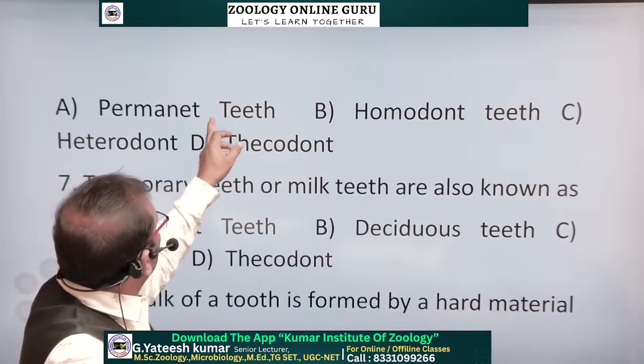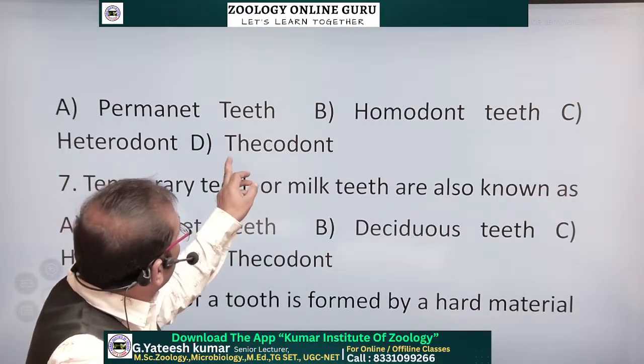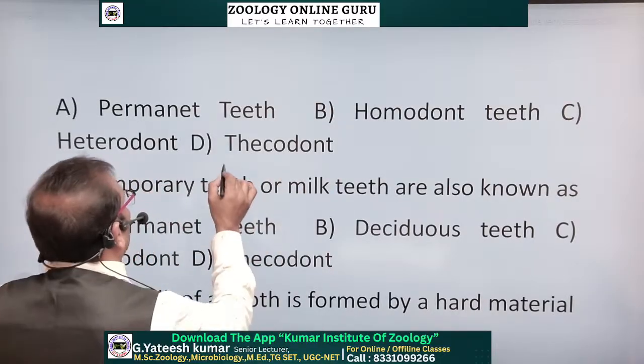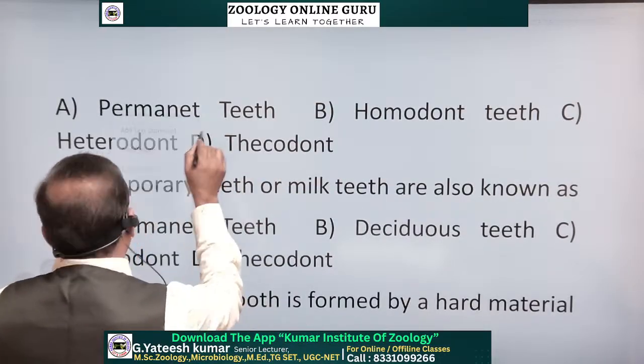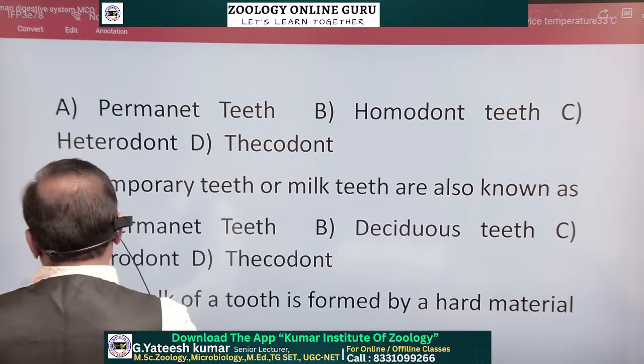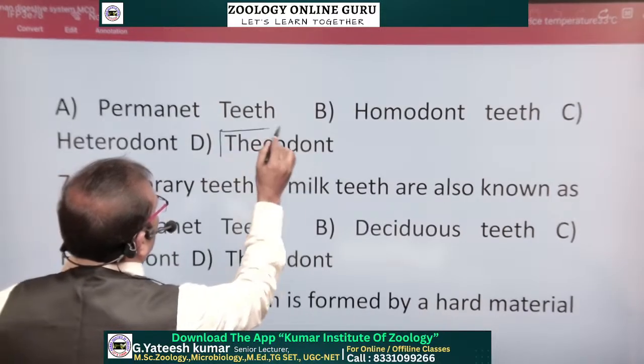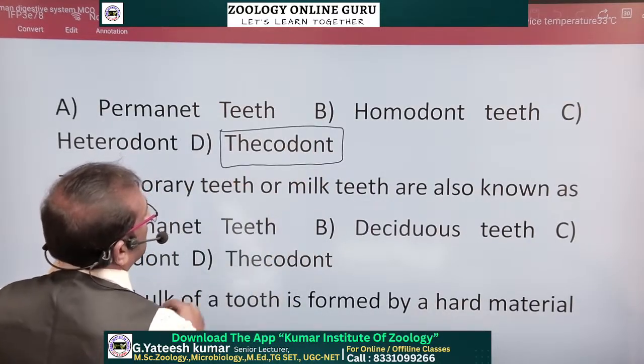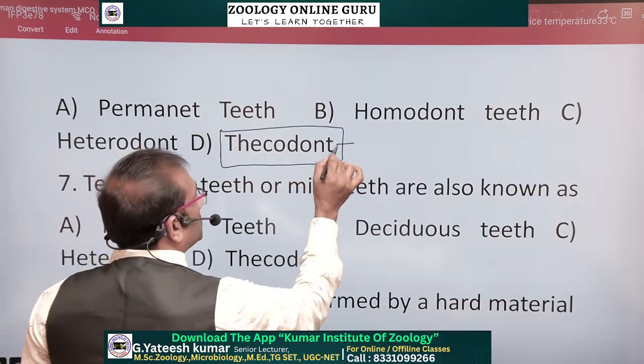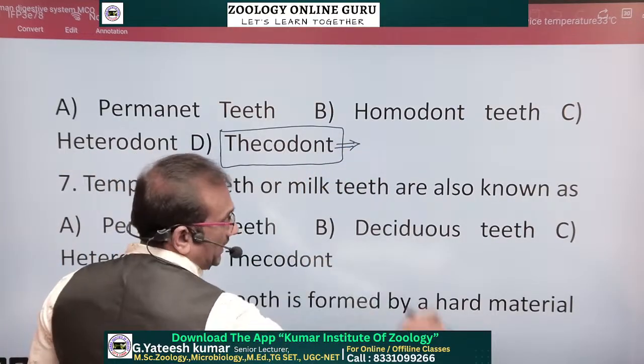Permanent teeth are 32 in number. If teeth are embedded in the jawbone socket, they are called thecodont, the strongest teeth. This type of teeth is also present in one reptile.